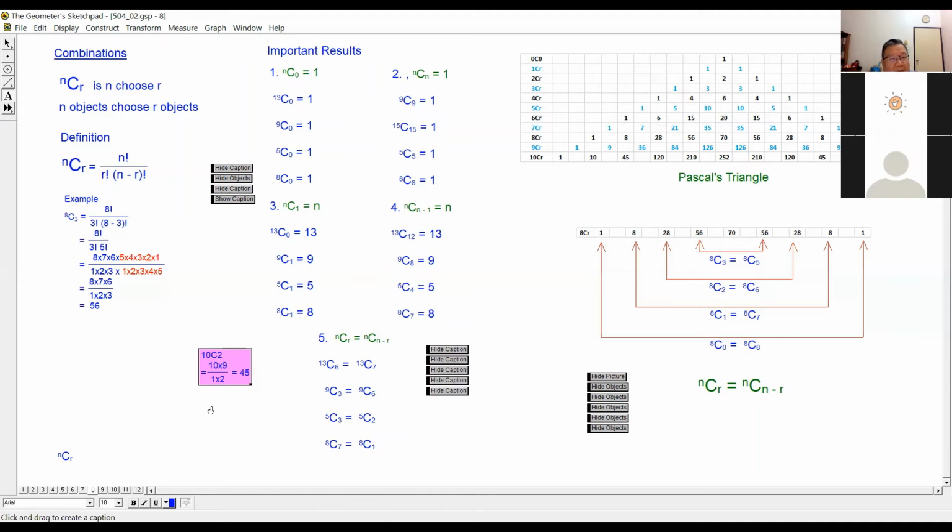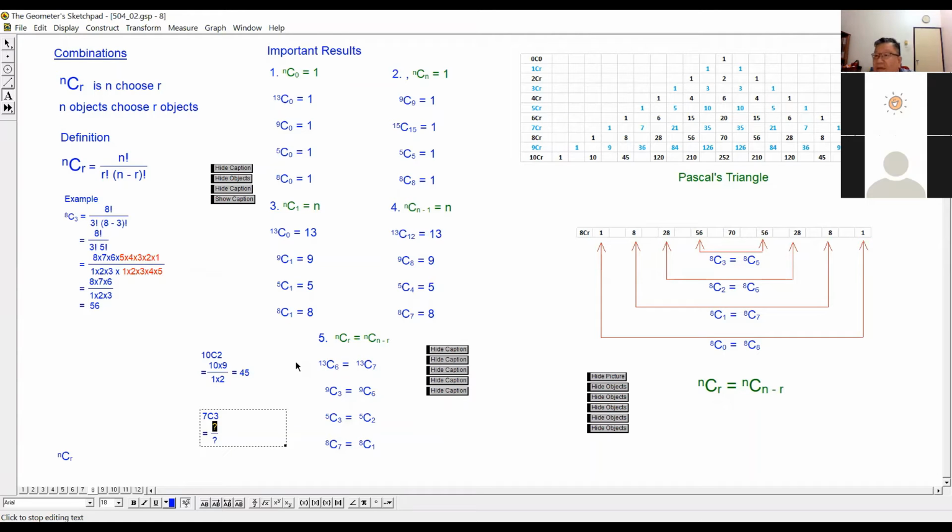I want to test you one more time. Let's say I have 7 choose 3. How are you going to calculate this one? Can you tell me? Teacher, I don't understand why 10 times 9 and 1 times 2. Okay, actually it's 10 times 9 until 8, 7, 6, 5, 4, 3, 2, 1.